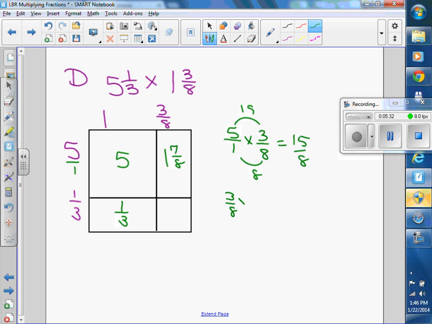What do you get there? Catherine? Yeah. And then what's that reduced to? 3 goes into both. 3/8. Almost. What is it, Mark? 1/8. 1/8. You got the 8th part. Okay, good job, you guys.